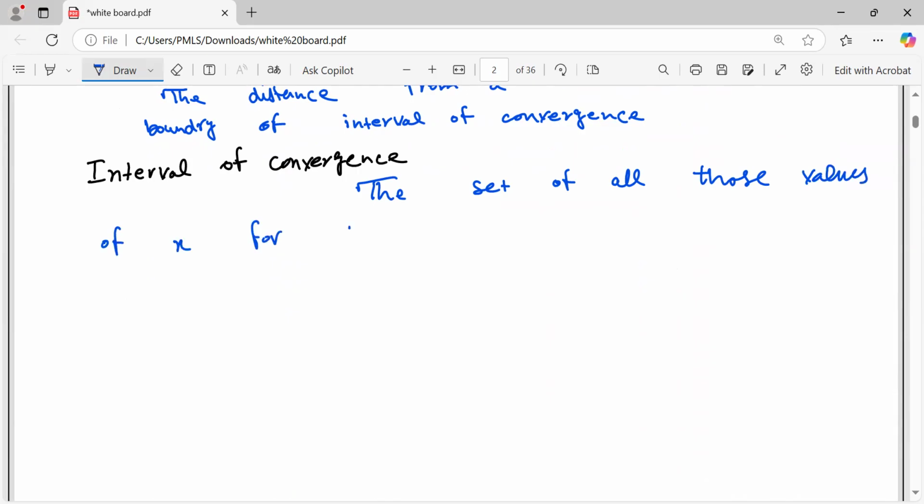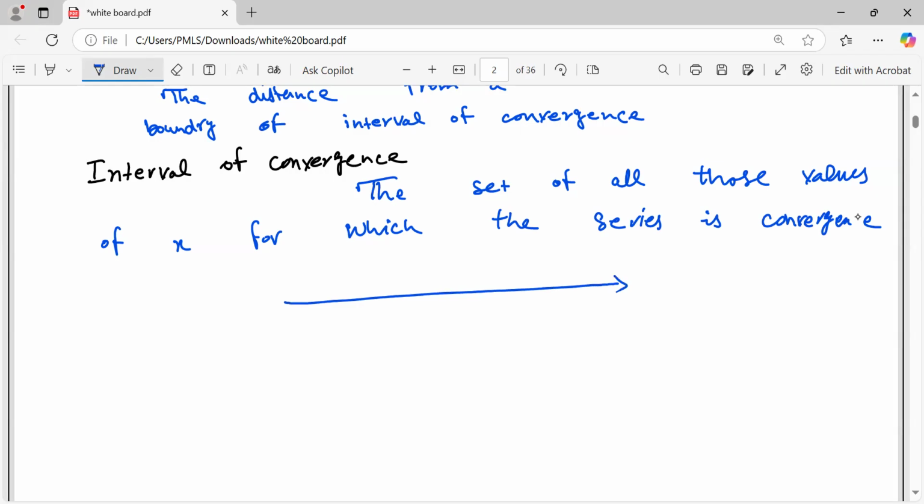So it can be represented like that. Keep this in mind when we talk about interval of convergence.